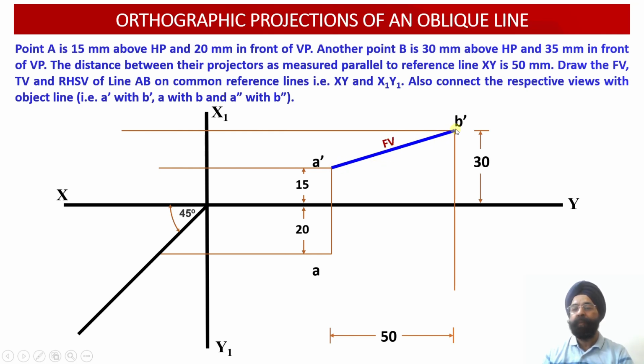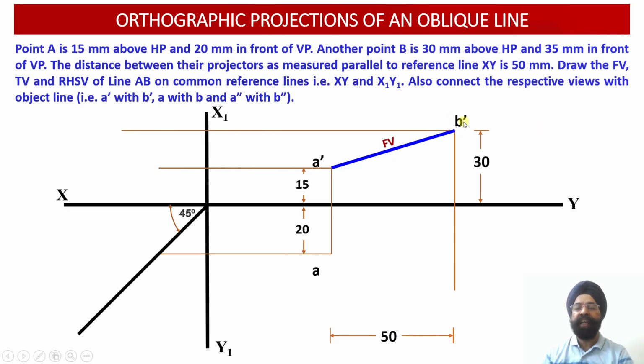And the moment we obtain point B dash, once again we have to draw a horizontal locus line corresponding to this point B dash, so that point B double dash in the side view can be located onto the profile plane.